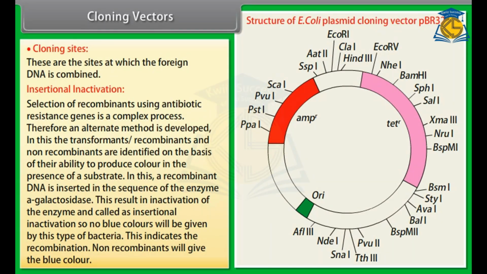In this, a recombinant DNA is inserted in the sequence of the enzyme beta-galactosidase. This results in inactivation of the enzyme and is called insertional inactivation, so no blue color will be given by this type of bacteria. This indicates recombination. Non-recombinants will give the blue color.